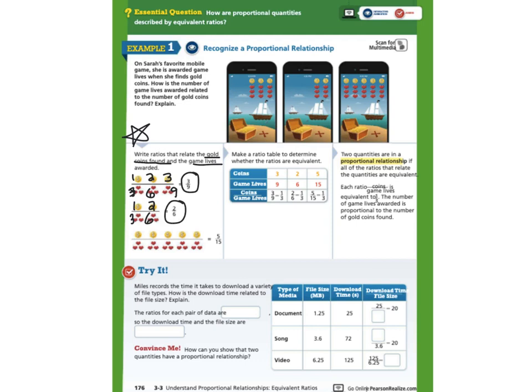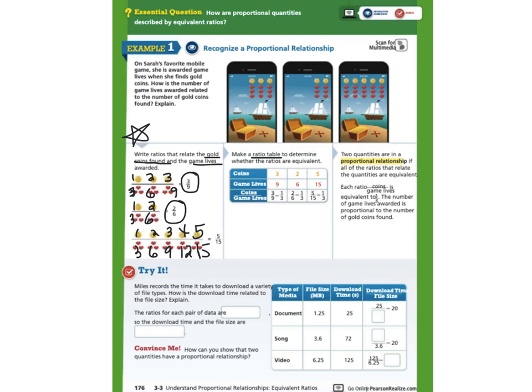So that ratio is 2 to 6. And on the last screen, you can see that she found 5 coins and was awarded a total of 15 game lives. So we can use a table, a ratio table, to determine whether the ratios are equivalent.